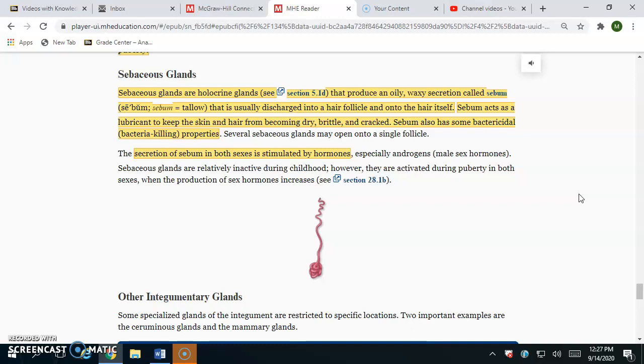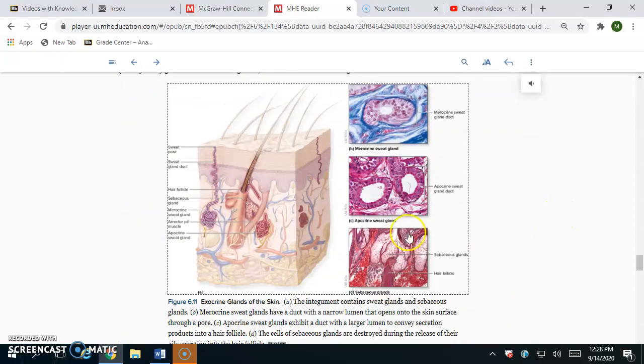Sometimes we'll just call it oil because it is an oil-based secretion. And it's usually discharged into a hair follicle, just like the apocrine sweat glands, and then onto the hair itself. So when we look at our picture of the sebaceous gland, it's usually closely associated with the hair follicle, on either side.